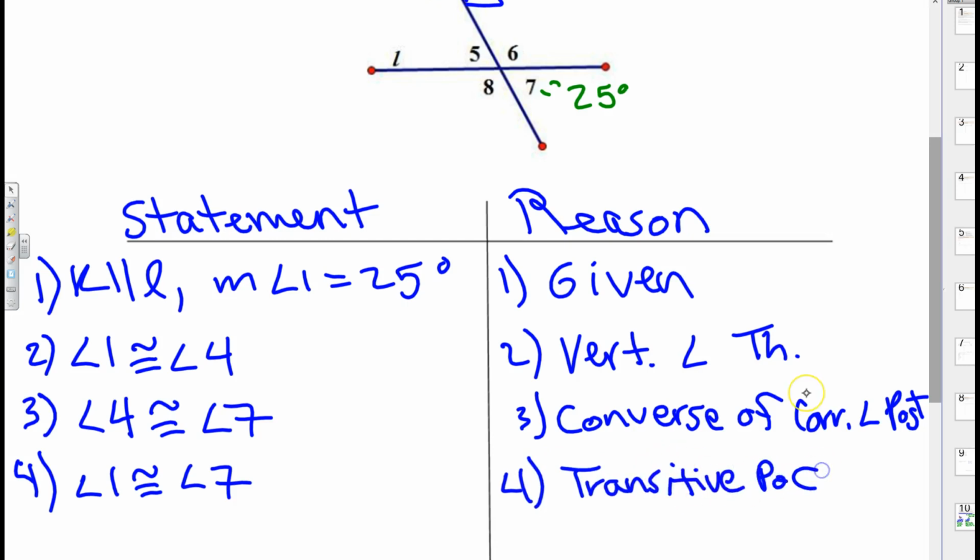And if they're congruent to each other, guys, we have to make a conversion between congruency and equality at some point.